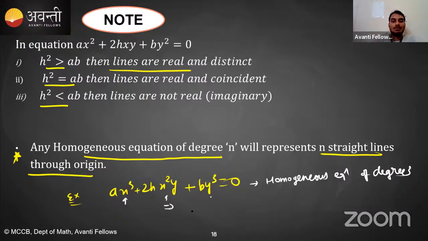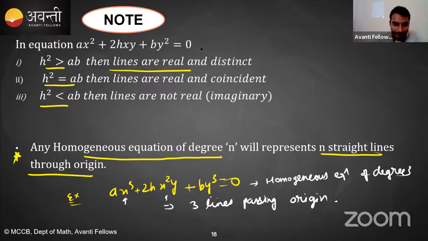So what will this represent? This implies there are 3 lines passing through the origin. Is this clear, students? Everyone quickly let me know in the chat box. Okay, very good. So now let's proceed.